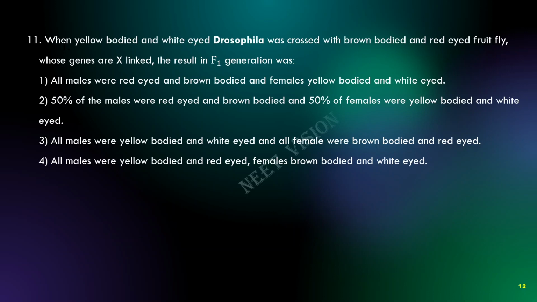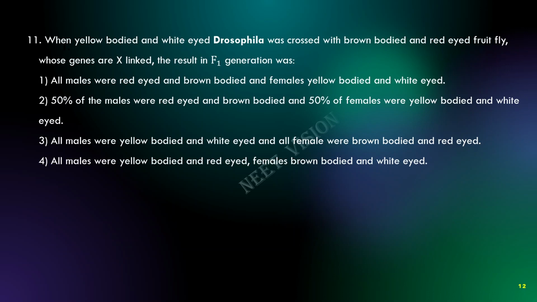Females were heterozygous in the F1 generation because the genes are X-linked, and on the Y chromosome these genes are absent. So, all males were red-eyed and brown-bodied, and all females were yellow-bodied and white-eyed. No, this was not the correct one.